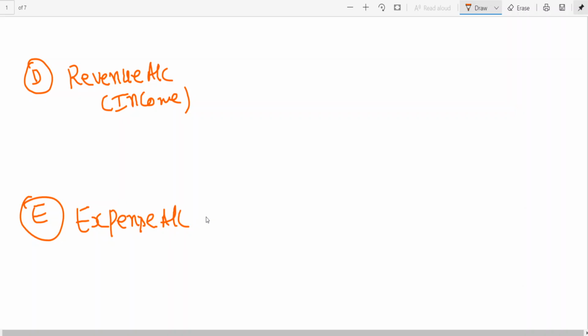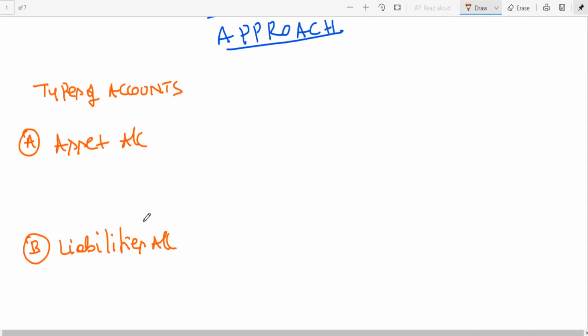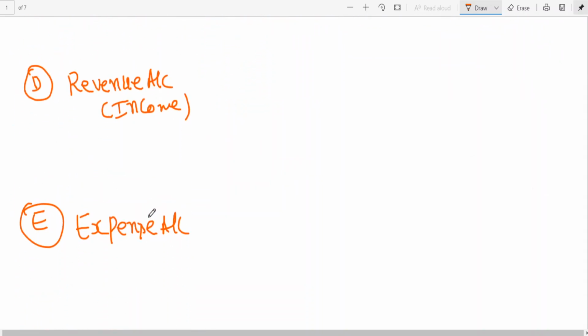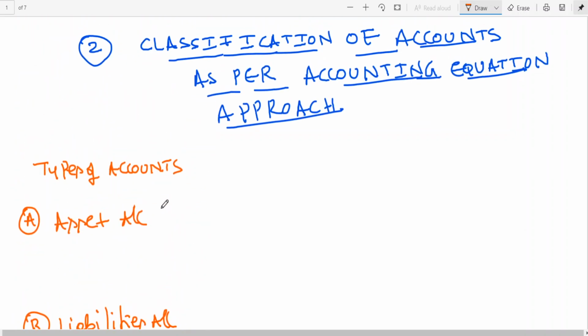Is this clear? My dear friends, I repeat once again. How many types of accounts under classification? Asset, liability, capital, revenue and expenses. What is asset?